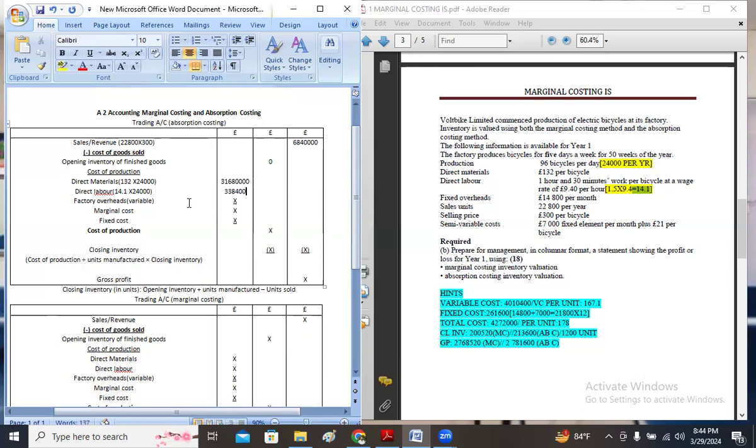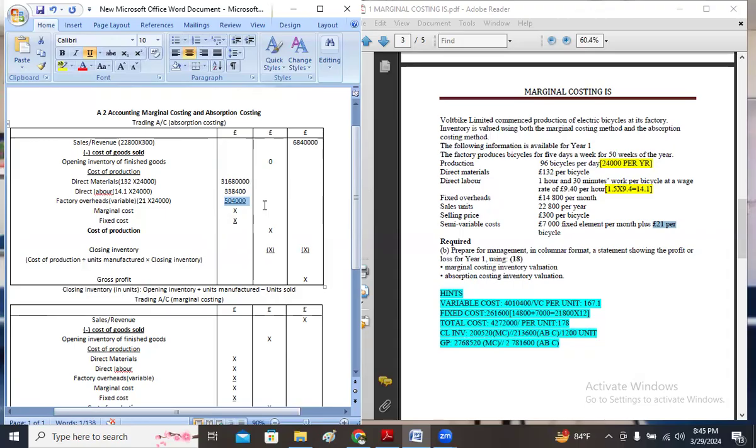And in the overheads, the variable part is 21 per bicycle. So 21 multiplied by 24,000 is 504,000. So these three, direct material plus direct labor plus variable overheads, is the total marginal cost or total variable cost, the same thing.